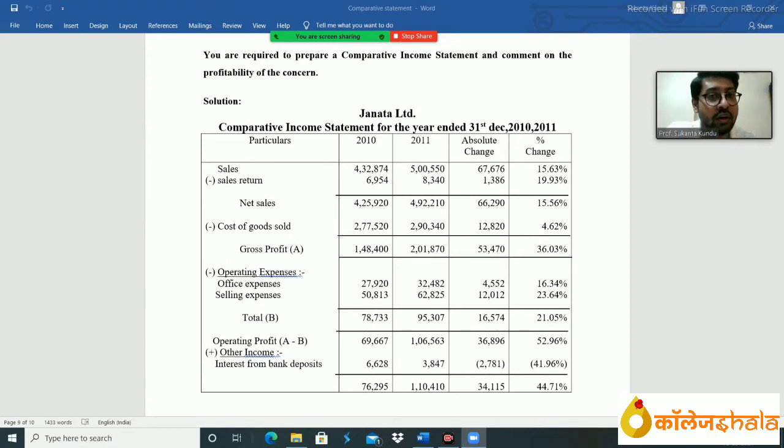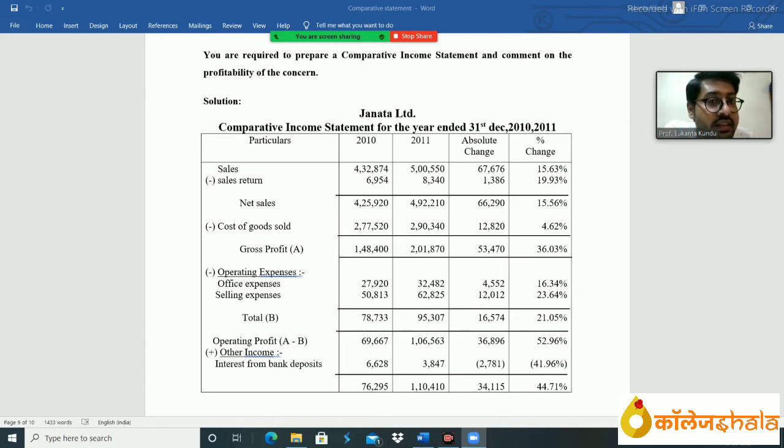Let me show you one item. Here you see the figure of 2011, 5 lakh 550, minus base year figure 4 lakh 32,874.